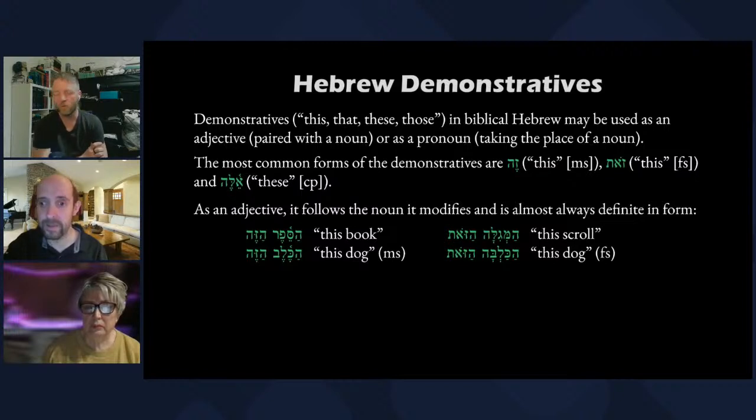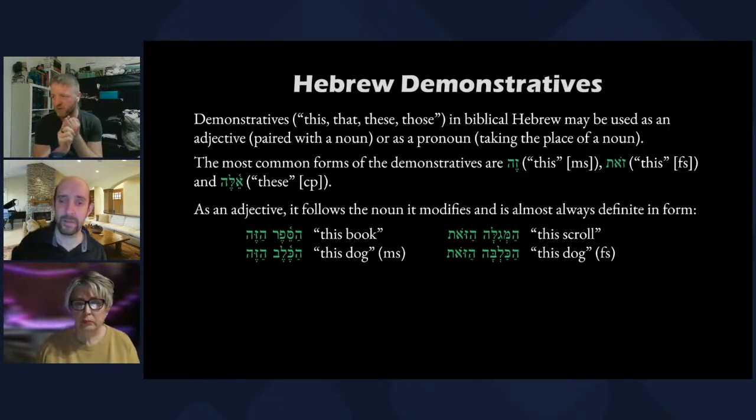We're going to think of it as saying the book, the this one. They match gender, they match number, and they match definiteness, just like all adjectives. Interestingly, in biblical Hebrew, you actually can say ze ha-sefer, and it means this book. You can say ze ha-sefer or ha-sefer hazeh. But we're going to learn the most common ways.